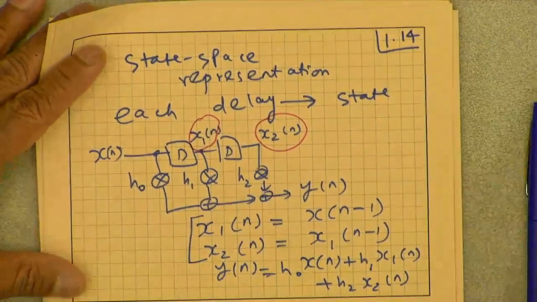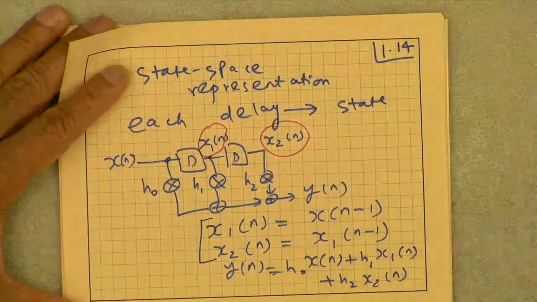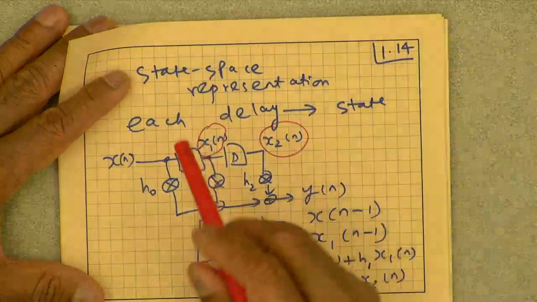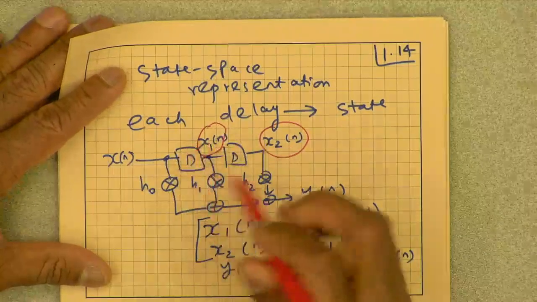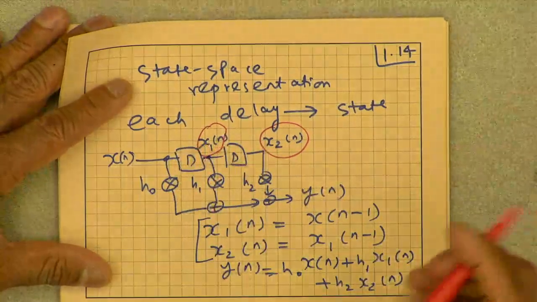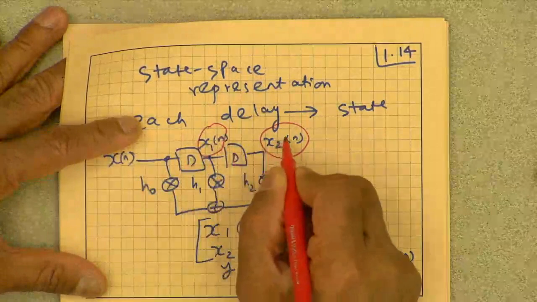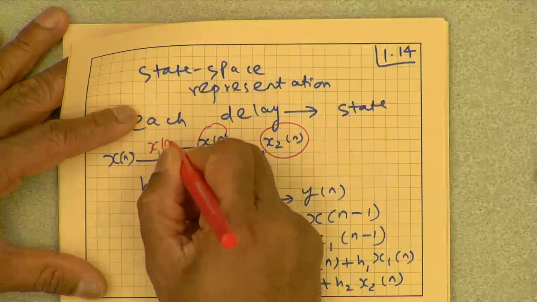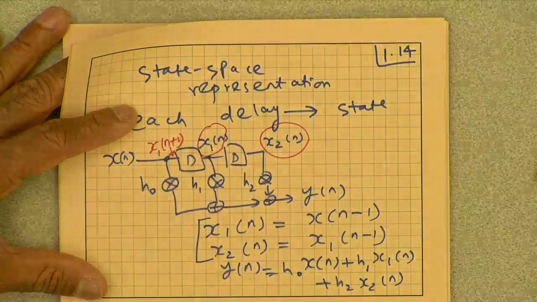The goal here is to think about every delay element as a state, and then the state is being updated. That means the output of every delay element is considered a state, so the input of the delay element is the next state. If the current state is x1 and x2 at time n, this will be the state x1 at time n plus 1, that's the next state, and that's what we are computing here.